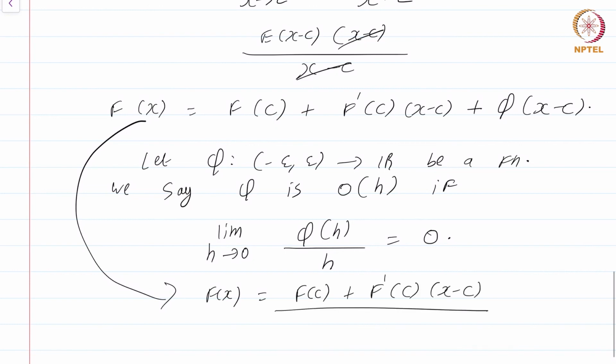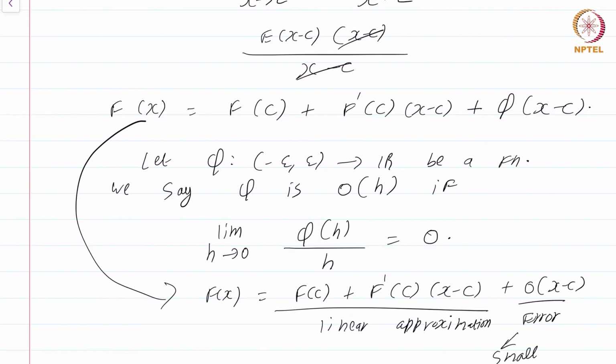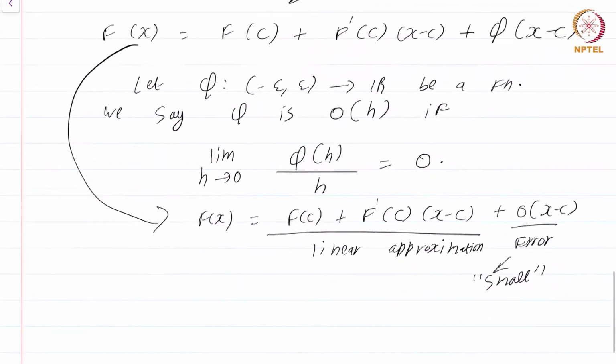So this part is the linear approximation, plus little o of (x minus c). This is the error, and the fact that it's little o captures that it is small. The error in this particular approximation is not too large. That's captured by saying that it's a little o of h function.